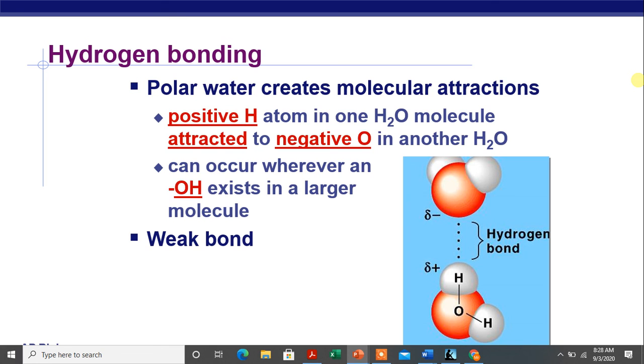The positive part of the polar water molecule, the hydrogen part, is weakly attracted to the negative part of another water molecule. This is what we call a hydrogen bond, and we represent it by this dashed or dotted line between the oxygen in one water molecule and the hydrogen in another water molecule.